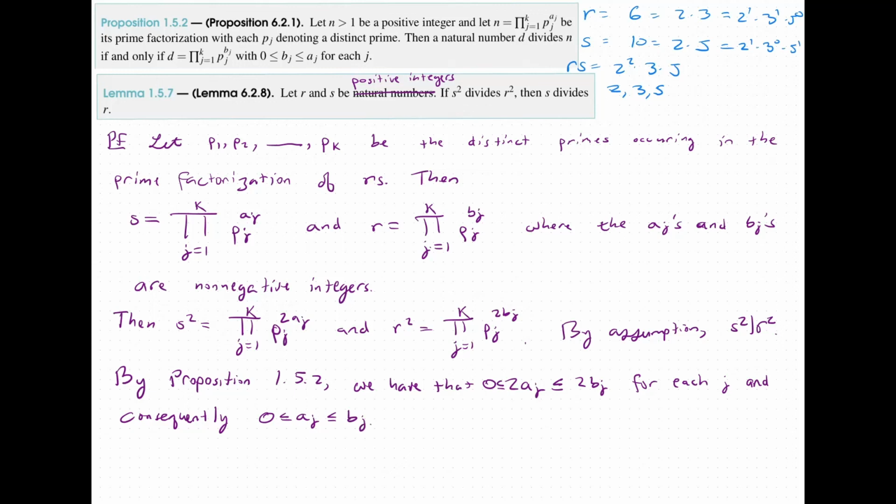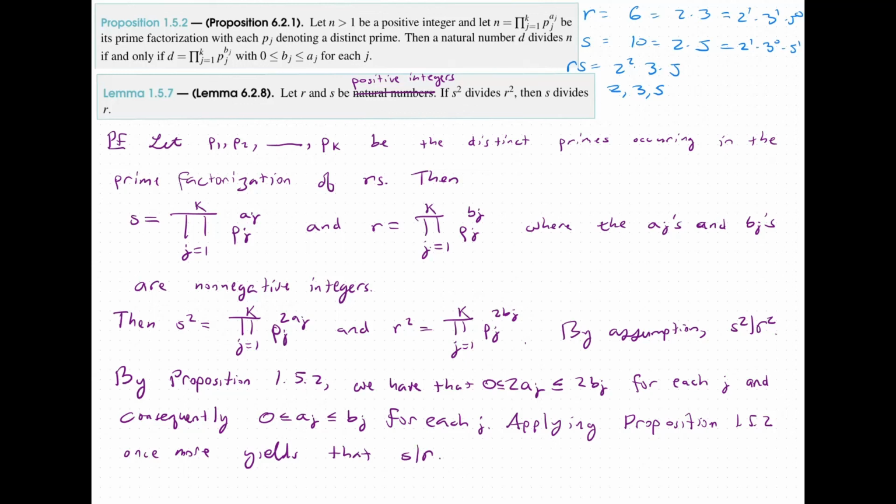And then we apply the proposition once more, because applying it to the fact that a sub j is less than or equal to b sub j for each j tells us that s divides r. So applying proposition 1.5.2 once more yields that s divides r.